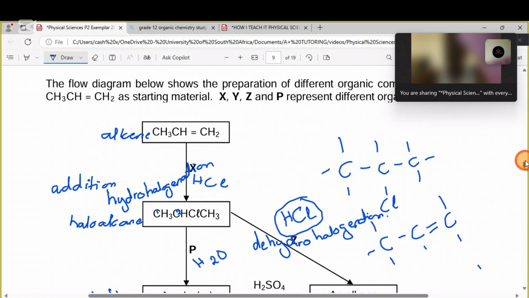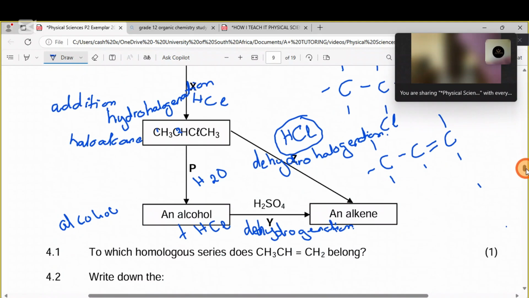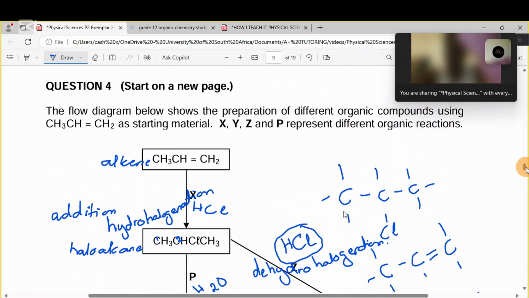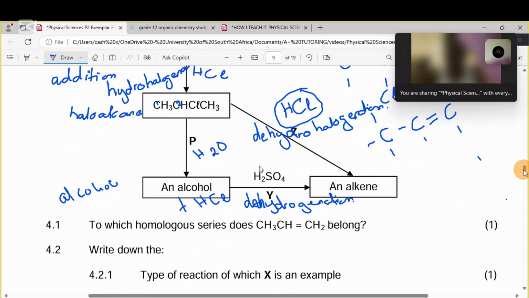If they say using a structural formula, you're going to have to draw everything. You draw, and then you write whatever you're adding, and then you have your arrow. On the arrow, that's where you put your conditions, like you saw here with the H2SO4. They put it on the arrow.